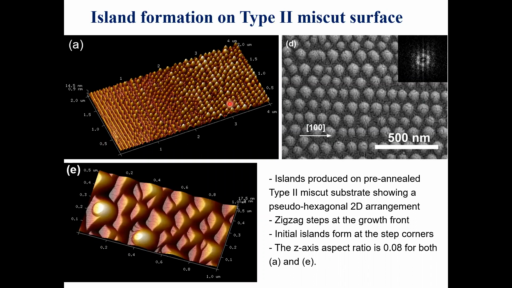Looking at the type 2 miscut sample, you can see that the source is around here. As you move away from the source, you see some features here, and if you move further away, you simply see the steps. So there is no nano feature formation. In fact, in this case, we see a zigzag type arrangement, kind of a hexagonal pattern, and the nano-islands form on the step corners.